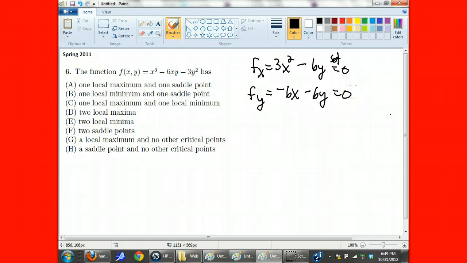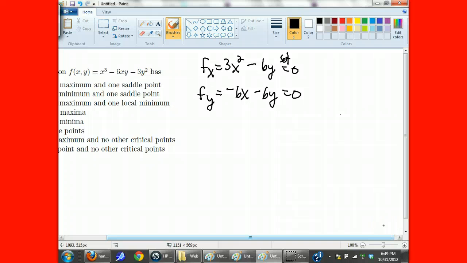Okay. Factor out what you can. In the first one, I can factor out a 3, and what I get out is x squared minus 2y, which has to be 0.